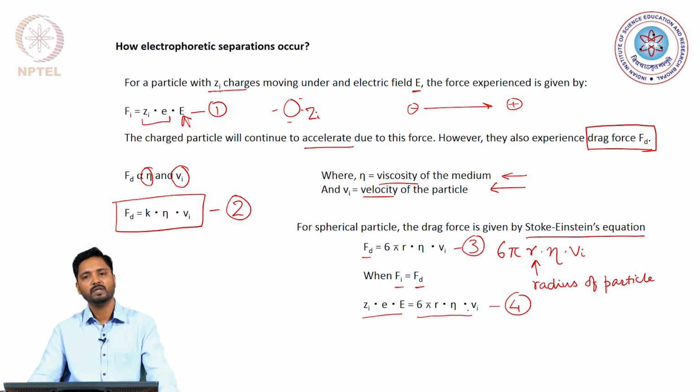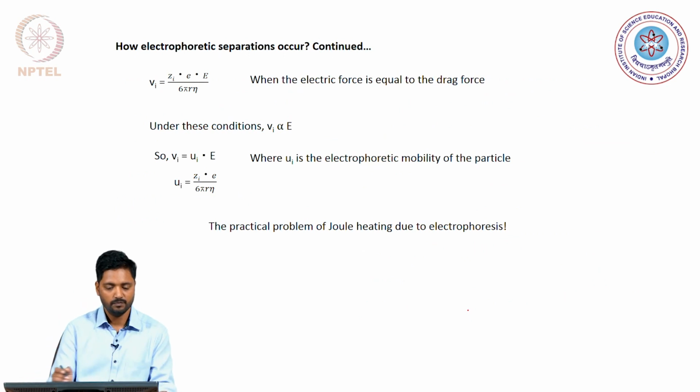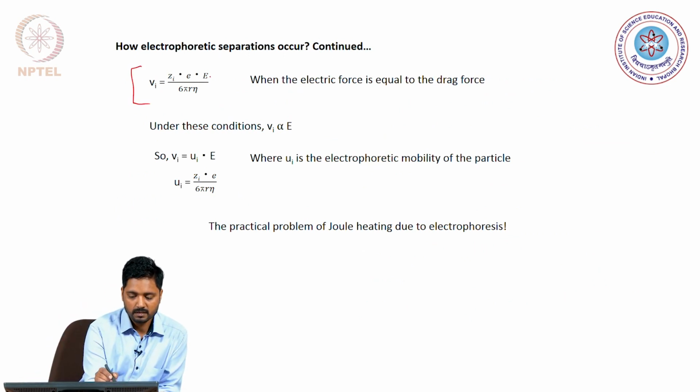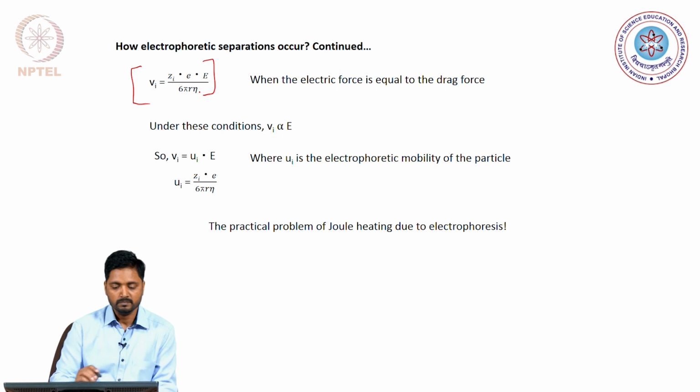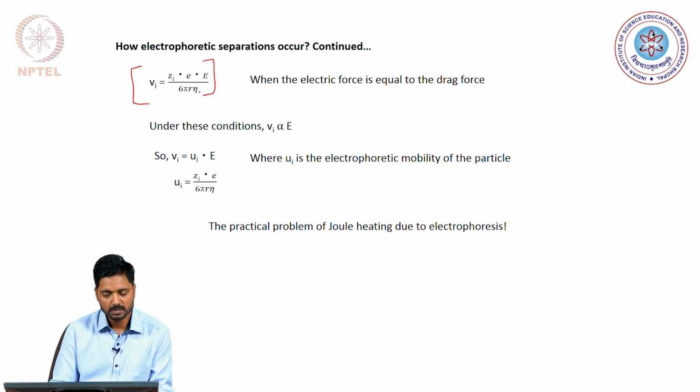So, when we solve this further, what we get is that Vi is the total charge on the particle into the electric field divided by 6 pi r eta.